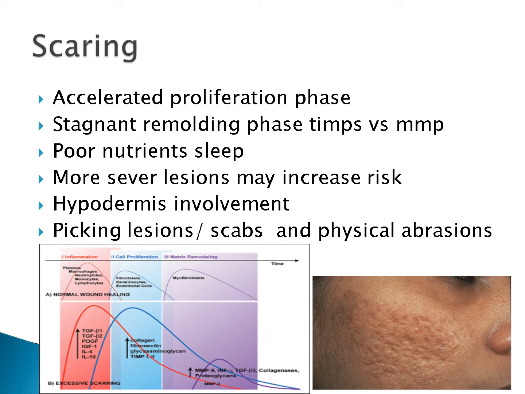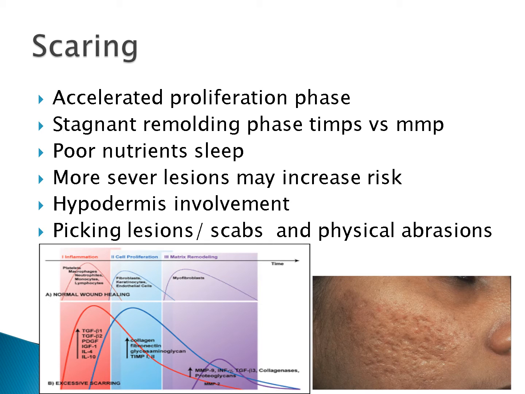Well, for one, there's the accelerated proliferation phase. This is how you heal, basically. There's a stagnant remodeling phase, TIMPs versus MMPs, which are basically proteins that degrade things and form them. There's also poor nutrients.